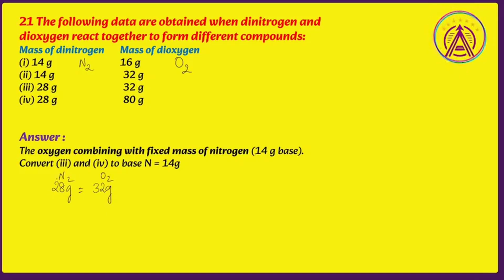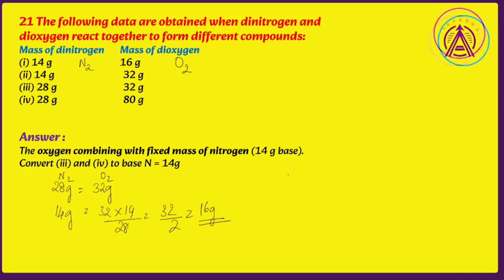Now they are telling, instead of this 28, if I have 14 grams, how much oxygen will it react with? It's a very straightforward thing. It is nothing but 32 into 14 by 28, 32 by 2, that gives me 16 grams.